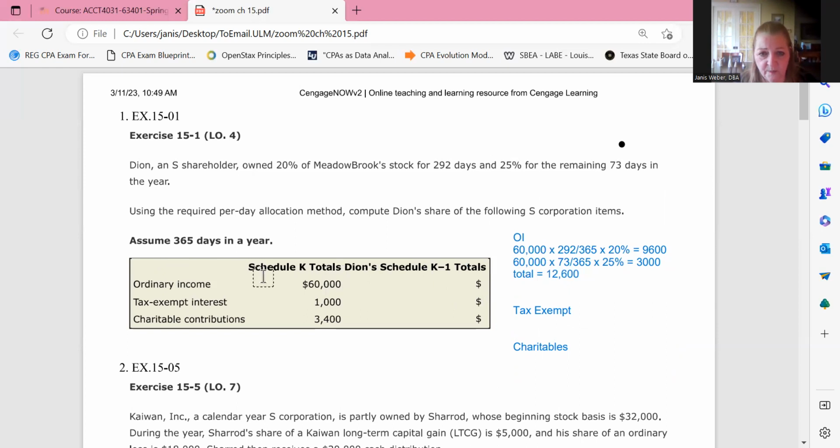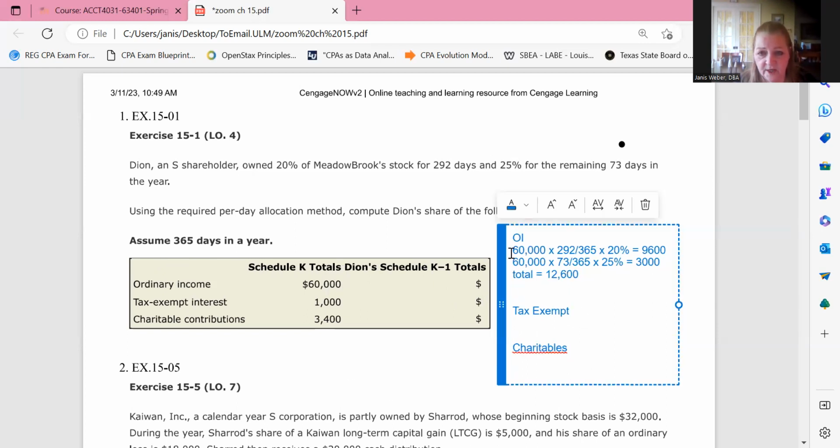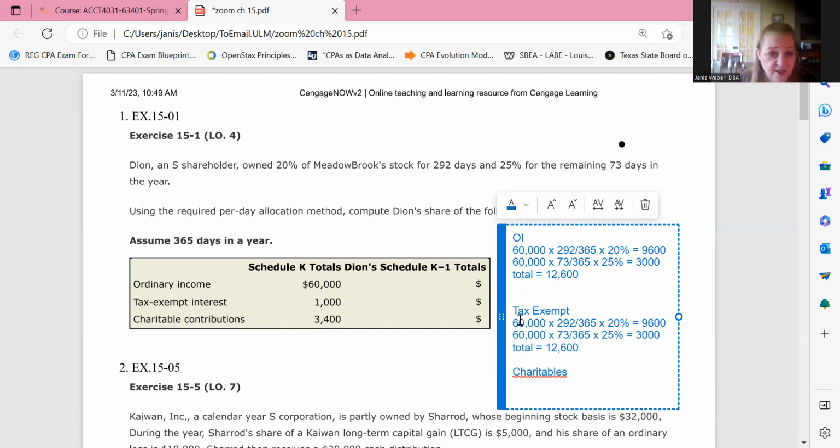For ordinary income. And then we'll take the tax exempt and do the exact same process. So instead of 60,000 for tax exempt, we're going to use the 1,000. So of course we're going to get a different result. I'm going to copy this down while I've got it here, bare bones, so I can use it for my charitables.